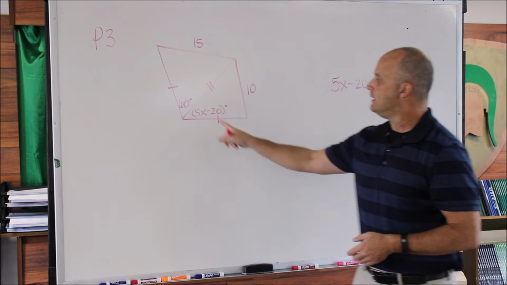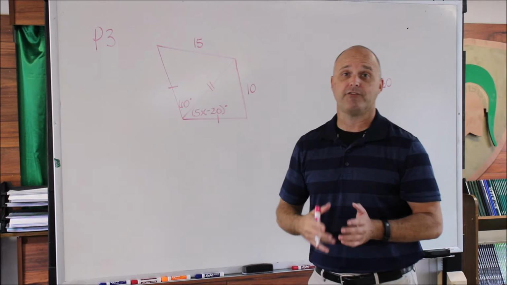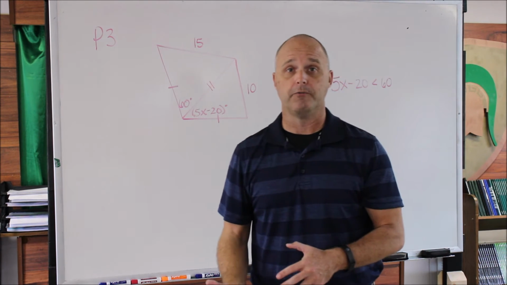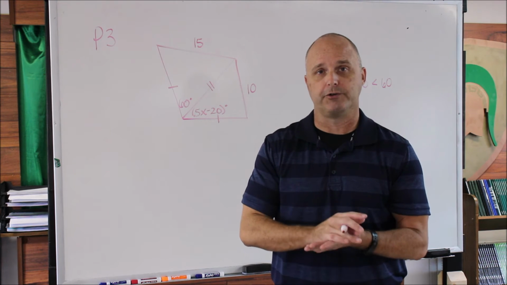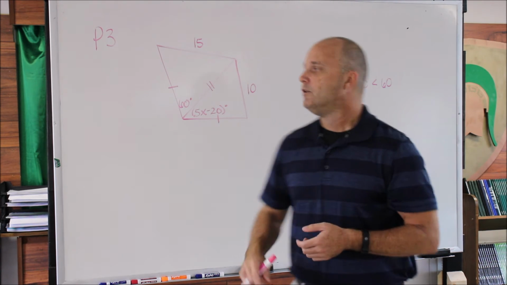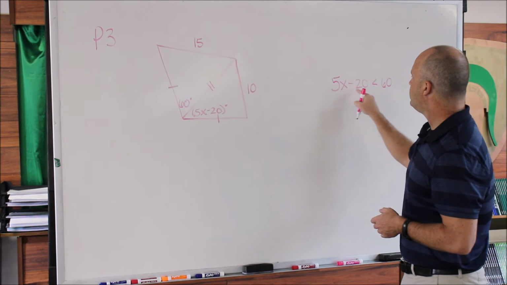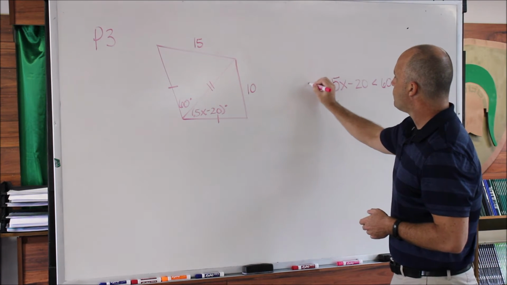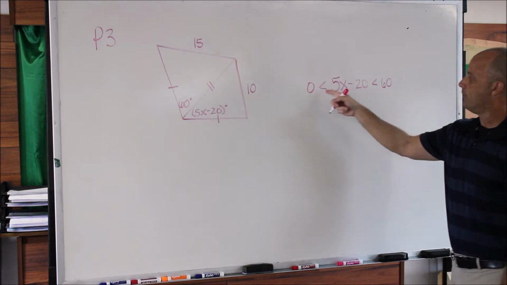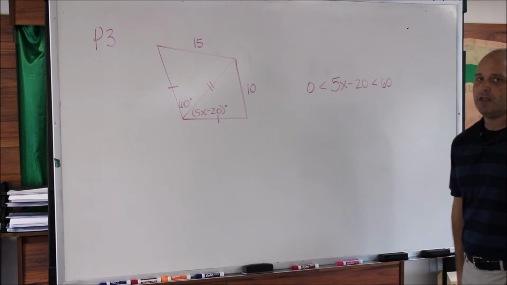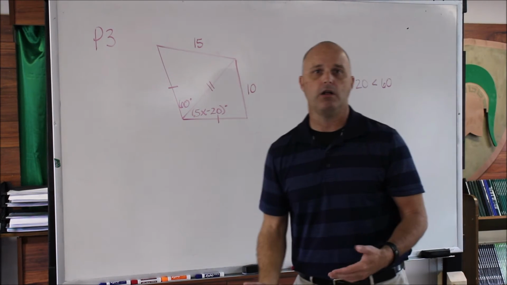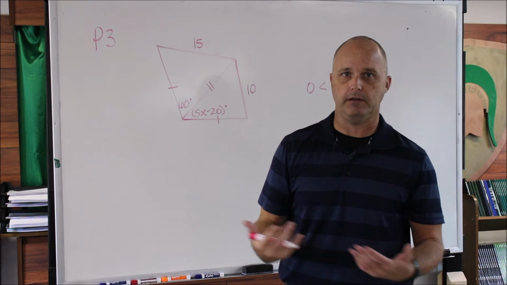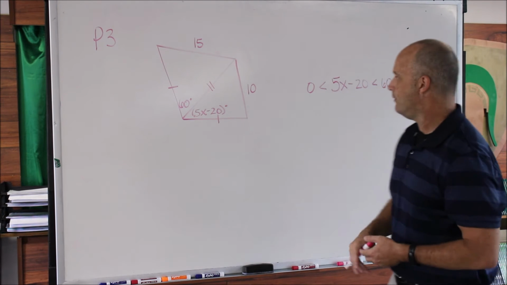Now, on the other hand, to have an angle, we have to have a number that's greater than 0, because if you have an angle that's 0 degrees, then you just have a straight line. So over here, we're going to say that 5x minus 20 is greater than 0, or 0 is less than our angle. Now, we have a complex inequality. All we're going to do is solve it like we would any other equation or inequality.